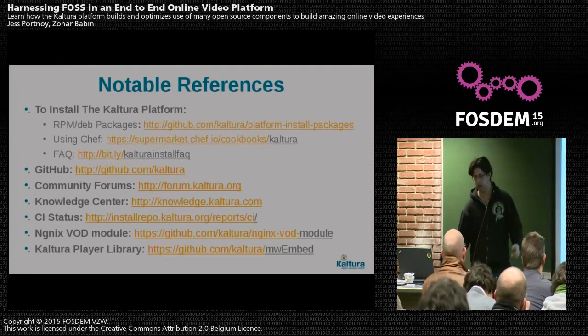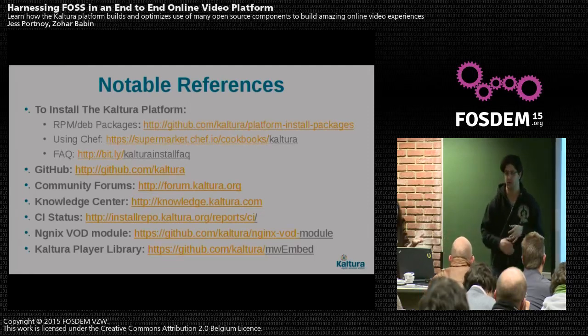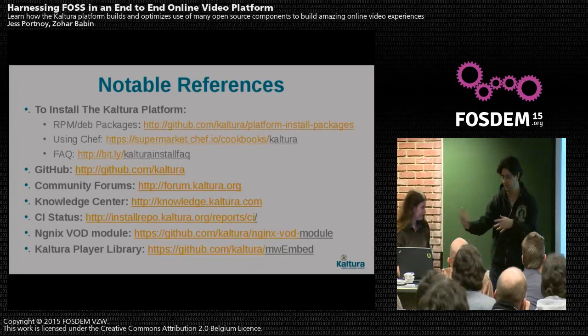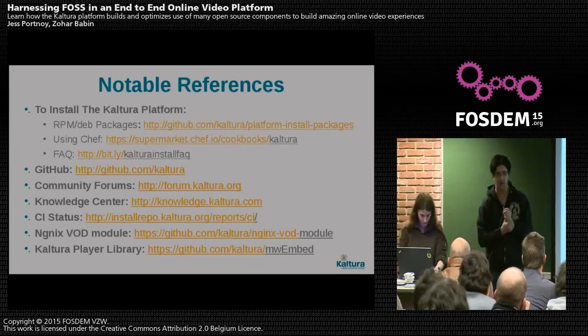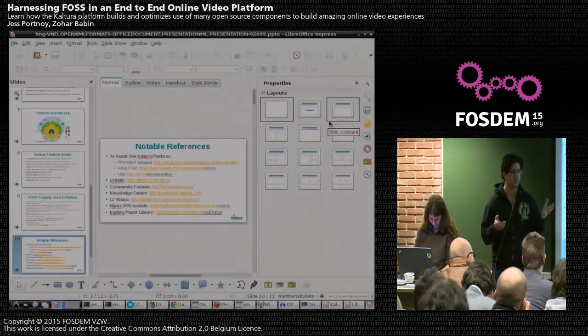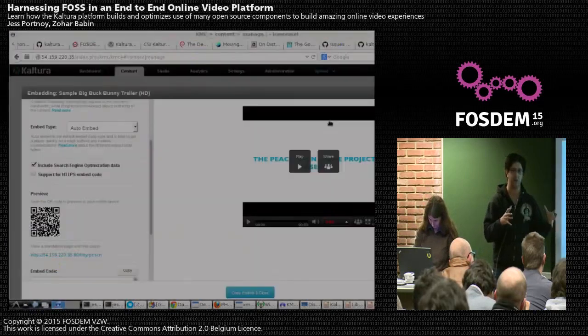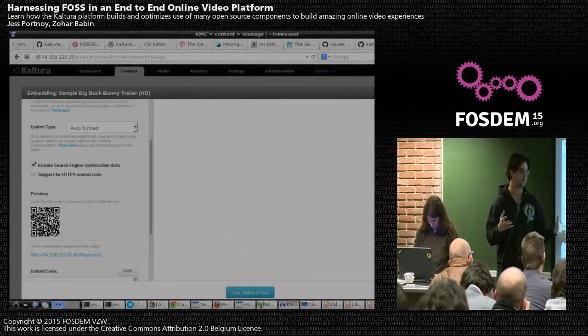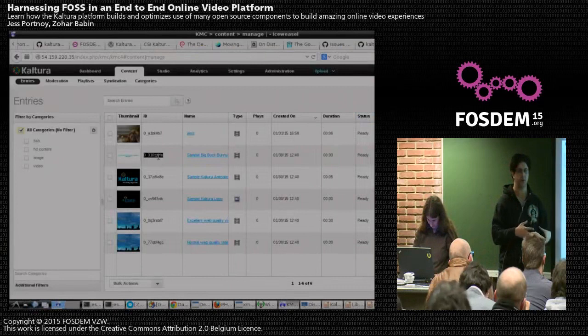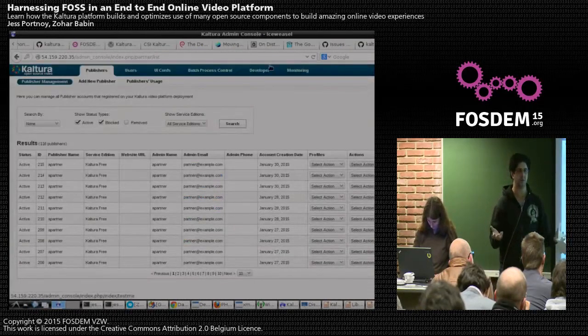Another interesting design guideline is, whenever we work on another open source project like the Nginx module, for example, we try to build it in a way that is reusable outside of Kaltura too.